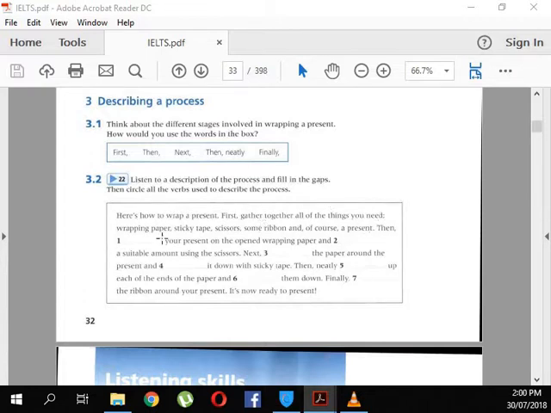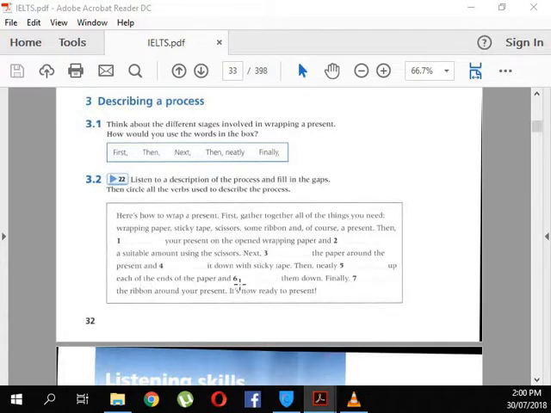Yeah, you need. Place. Yeah, place. Cut. Wrap is another verb in action. Okay, next. Stick. Stick is also a verb. Stick it down. Yeah, fold, fold up.